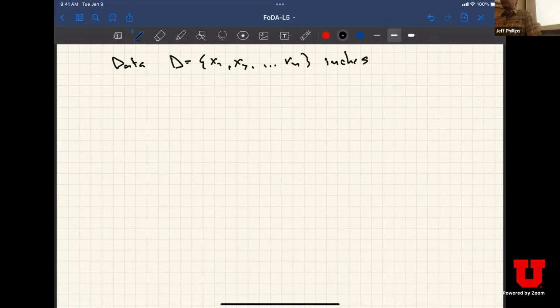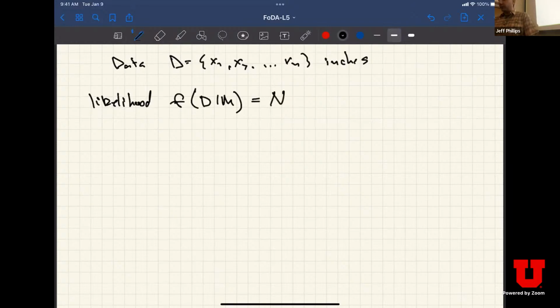Let's review that the likelihood f is our function f of the data given the model, right? I'm going to write down this likelihood, and again it's going to be a normal distribution.